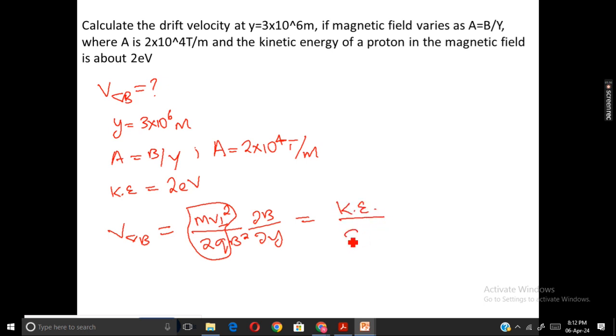Kinetic energy by q B square into dou B by dou Y. So the value of kinetic energy is given, which is 2 electron volt. Q we know since it is a proton. V also they have given the value.